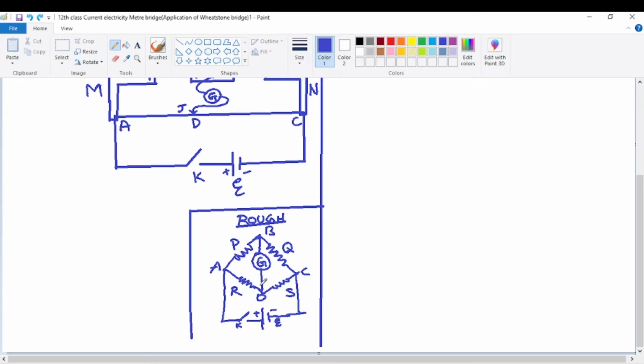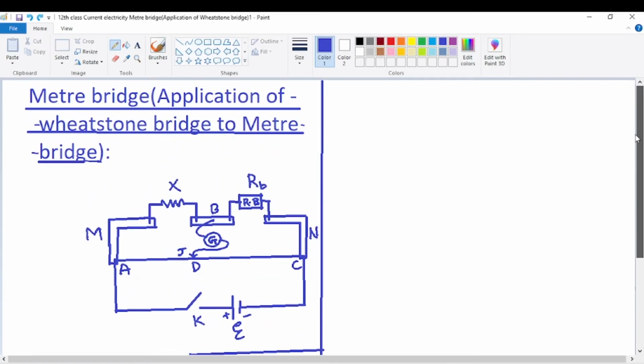So that's nothing but a Wheatstone bridge in which the bottom resistances are formed by a 1 meter length wire. That's why this Wheatstone bridge is called a meter bridge. That's the real practical form of the Wheatstone bridge.